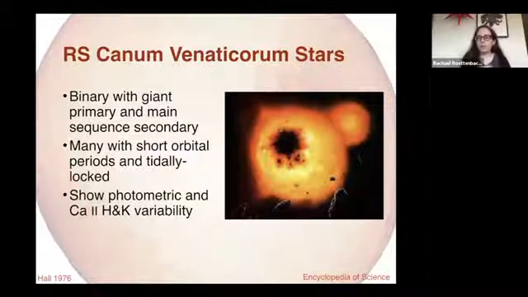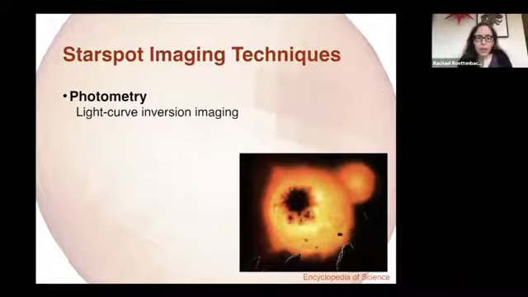So the same mechanisms that develop the magnetic field on the sun, working on these much more extreme stars, are going to cause these huge spots to appear on the surface. So these are really the most ideal type of star for imaging, because they just have these giant spots on the surface that make using the imaging techniques pretty straightforward.